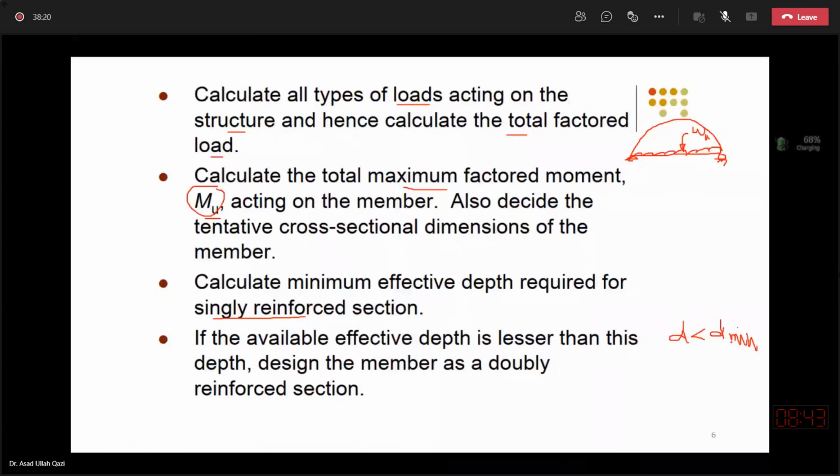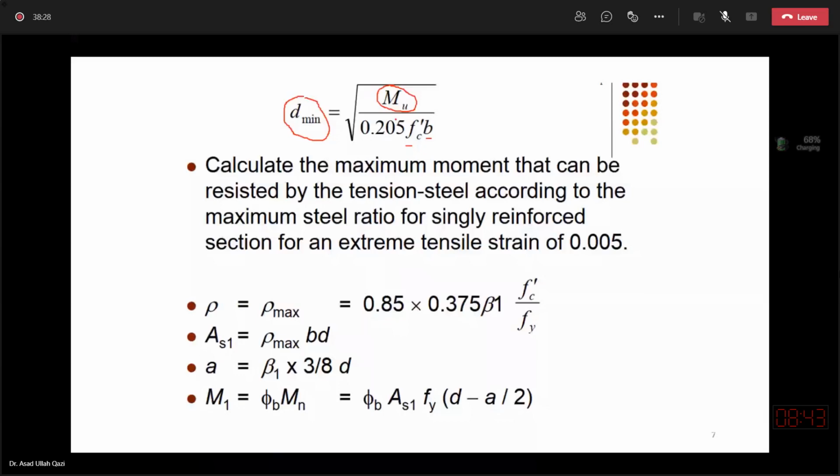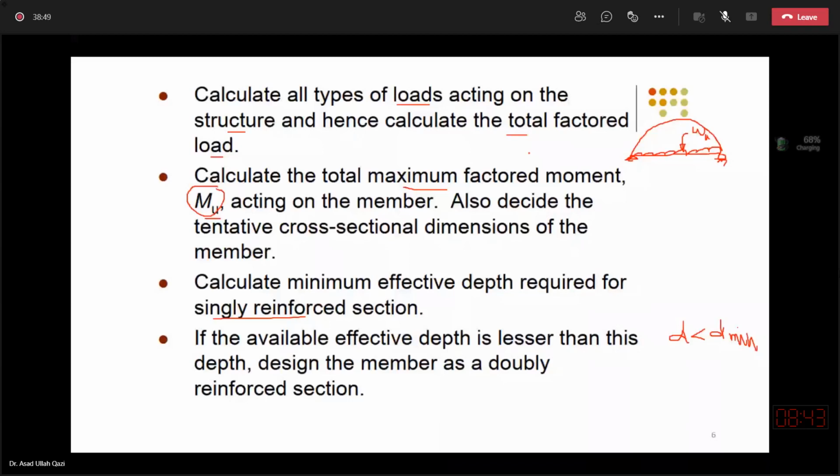But your calculation from this equation tells you that your d minimum should be 450, and then furthermore when you add cover to it, you will get 525. So you actually require 525, but architectural restrictions are that please finish it within the 300 millimeter maximum from top to bottom.